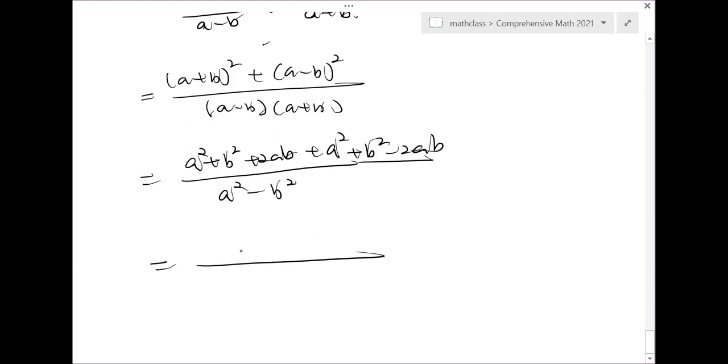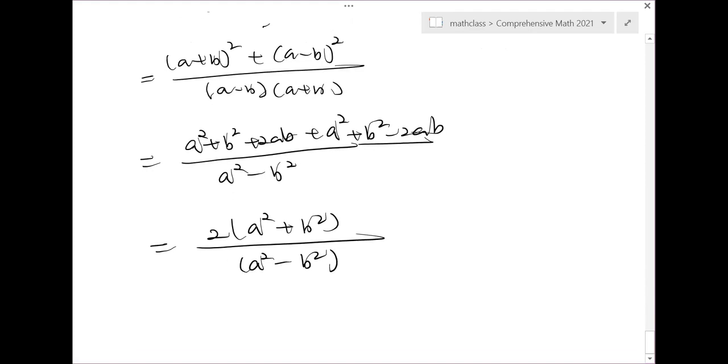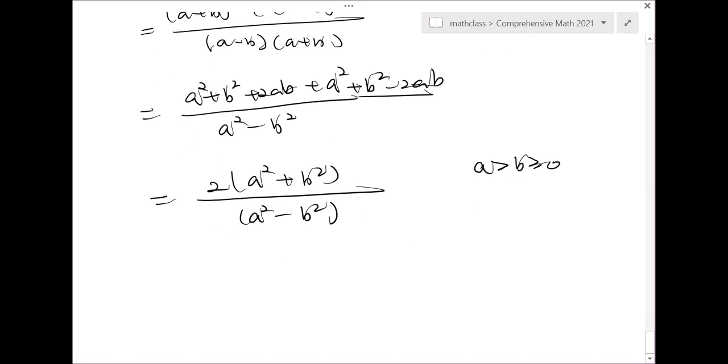So what I get here is twice A squared plus B squared, over A squared minus B squared. Now remember, A is greater than B, that's all we know, and they are integers also.